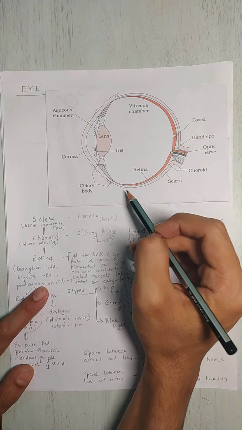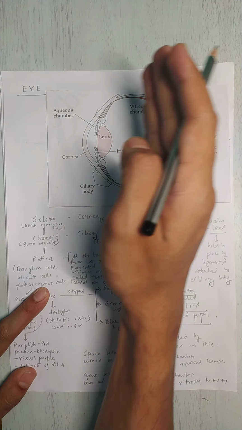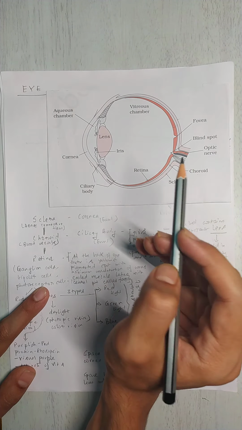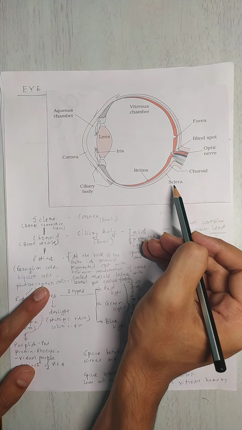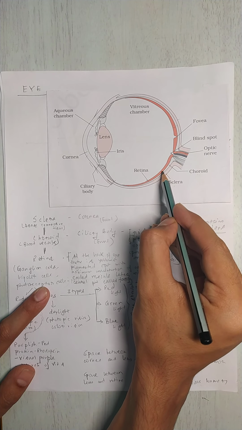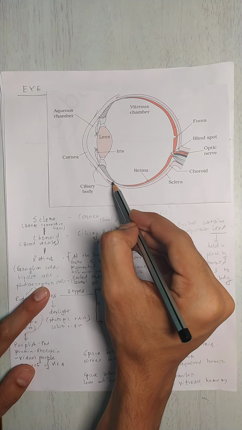So these layers are named as the sclera, the choroid, and the retina at the rear part of our eye, whereas when we move into the front part of our eye, the sclera in front becomes the cornea, and the choroid layer in front becomes the ciliary body.